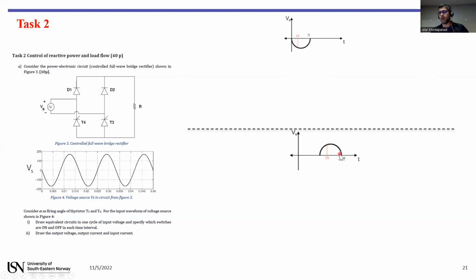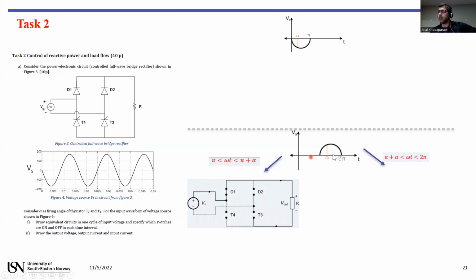Since the positive evaluation is simpler, I will start with this one. The positive input voltage consists of two parts as well: from this point, pi to pi plus alpha, and then from alpha till 2 pi. So we can divide it into subsections.